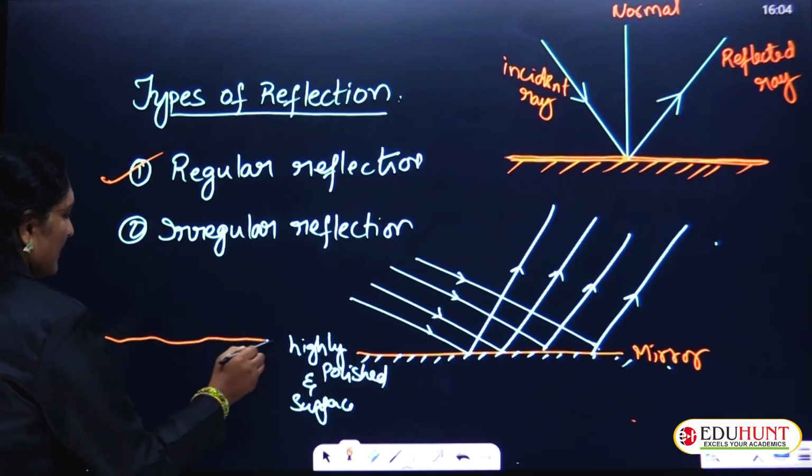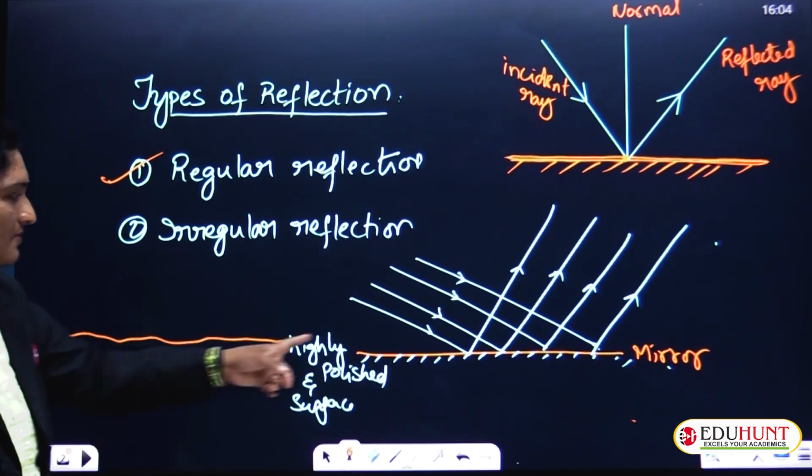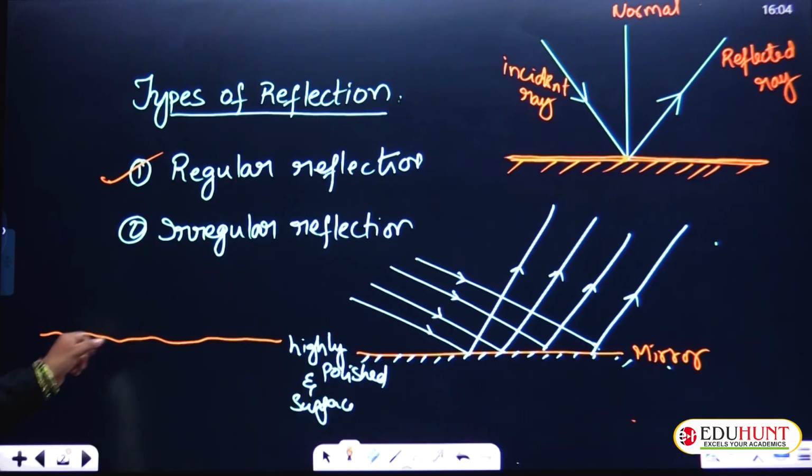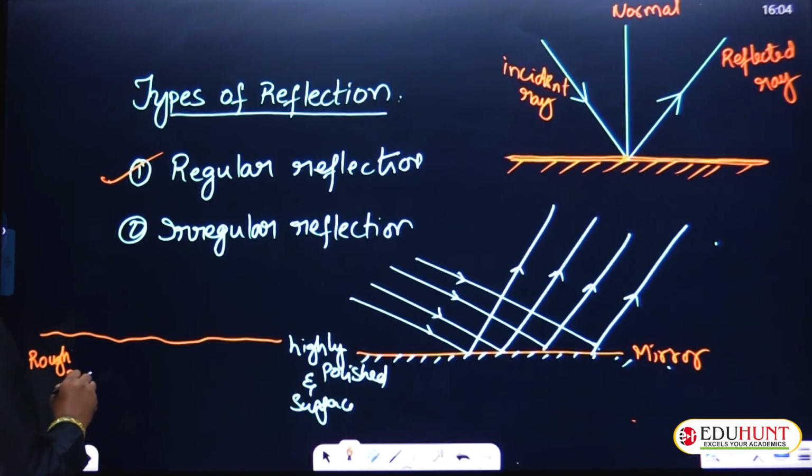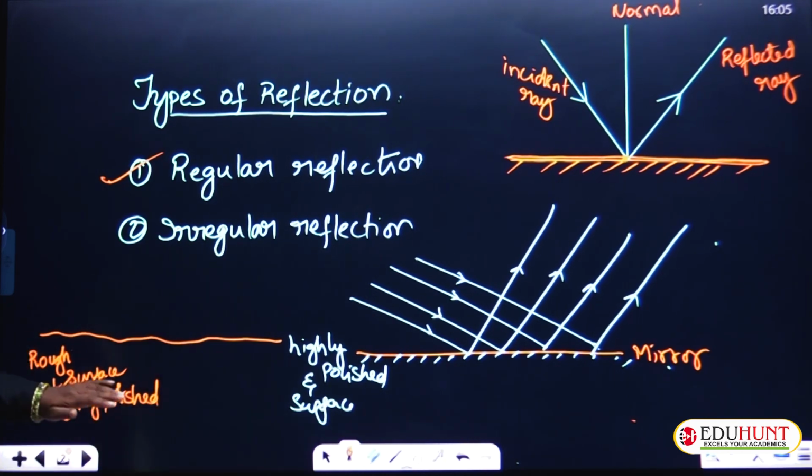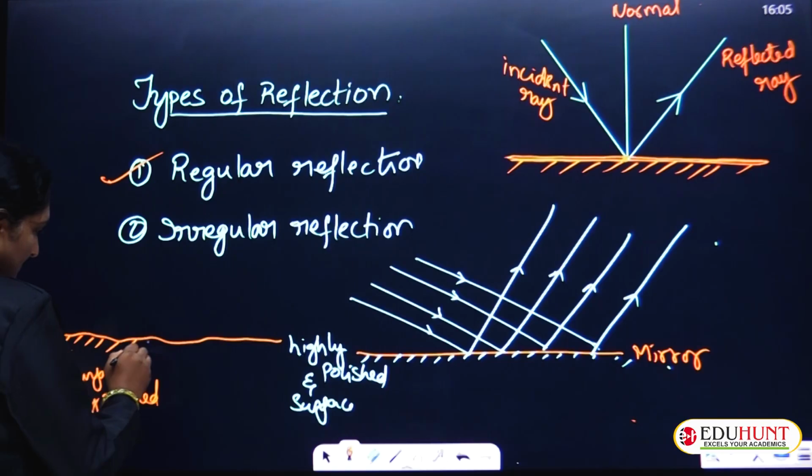This is a very smooth surface, whereas this is not a smooth surface, it is a little rough surface, which is lightly polished. It is neither smooth nor highly polished. So this is also a surface.